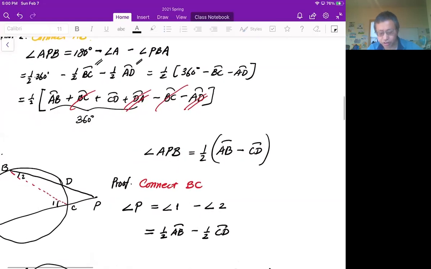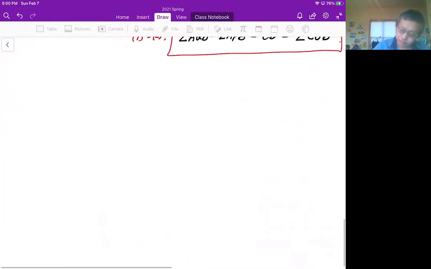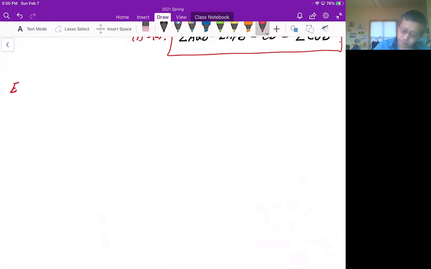The next problem is just a computational problem. Here's the example. Okay, so let me give you a circle here.